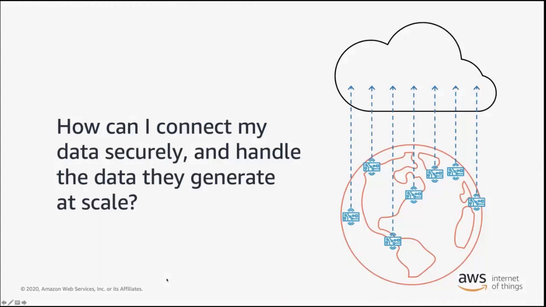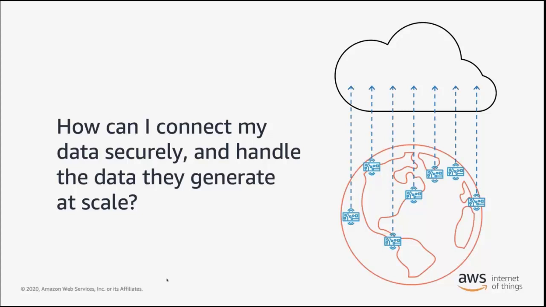So the question is, if you can connect devices to the cloud securely and easily by knowing the states of everything, and if you are able to handle the data by making sense of the states, what problem are you going to solve? The reason we're asking that is because we will do the heavy lifting of connections and the processing in the cloud so that you can focus on your business problem.